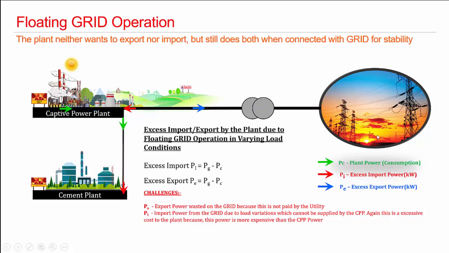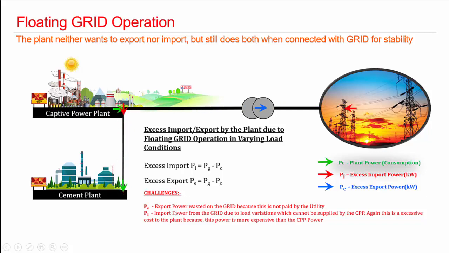In this case, even though the captive power plant has sufficient capacity to support the entire plant, there will still be an exchange because of the variations in the cement plant. As you can see, the red and the blue represent import and export respectively.